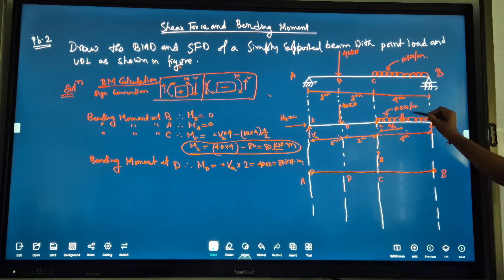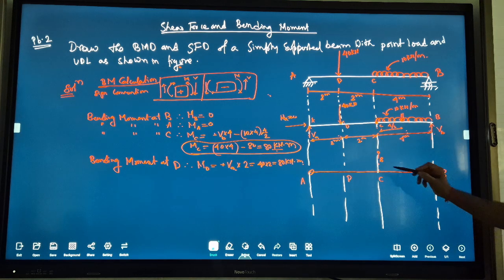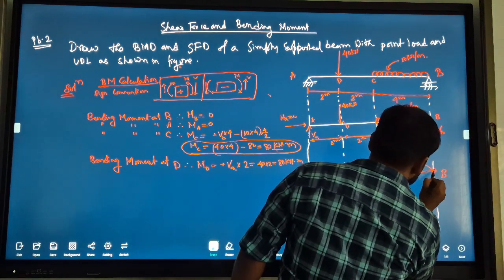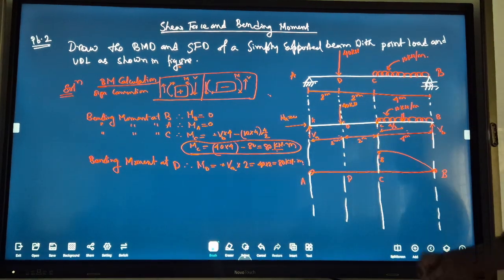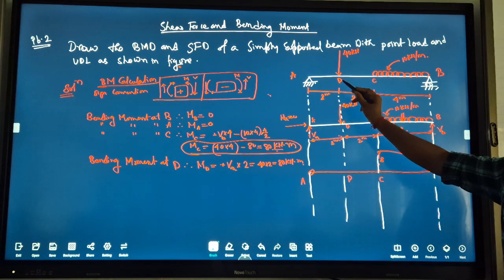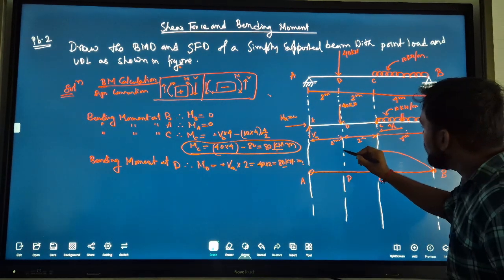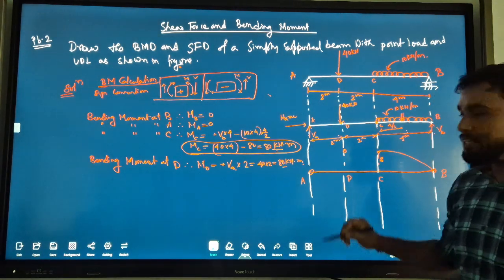If I take the section at distance x, x square terms will come. So we join these two points with the help of a parabolic curve. Clear? Now let's think about D. How much moment at D? Same value, 80.